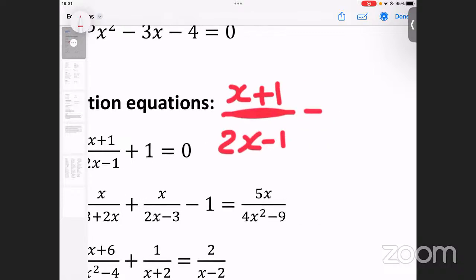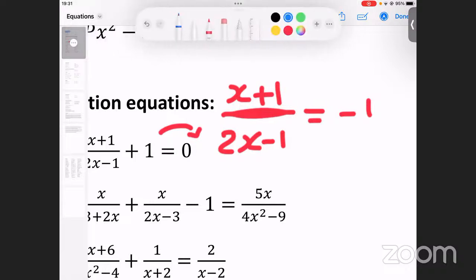So what I'm saying is this one, you take it to the other side. And when you take it to the other side, it becomes -1. So if you have a fraction on the left, you can also fractionalize this thing on the right-hand side. Why would you fractionalize it? It's so that you can say that multiplied by that, and then that multiplied by that.